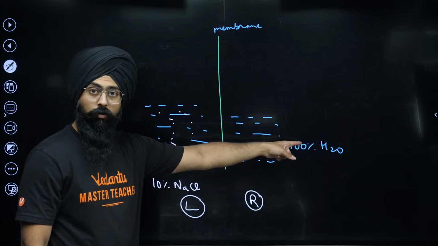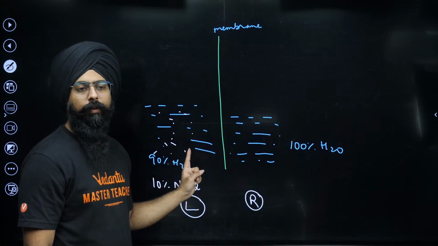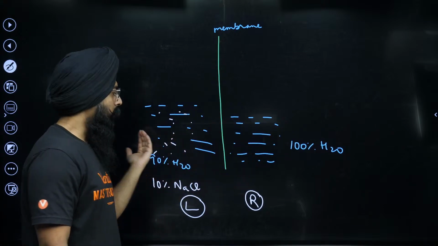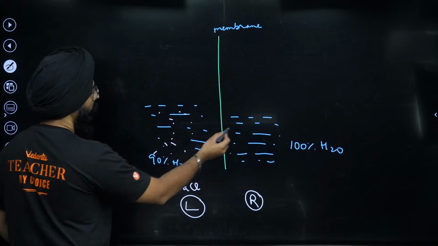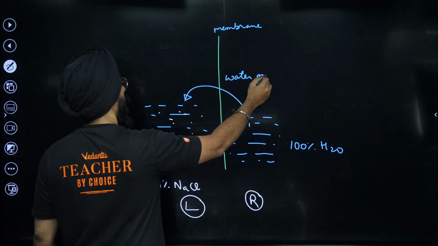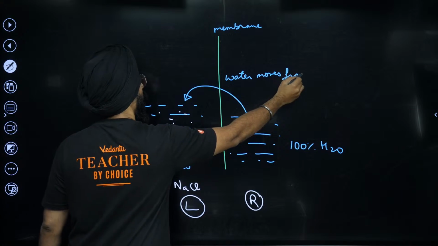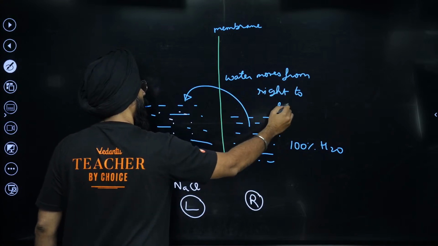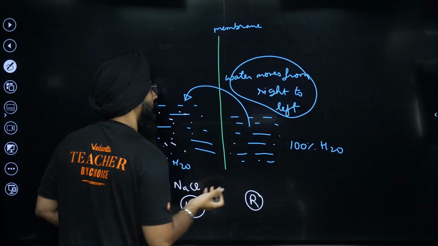Water is more over here, water is less over here. So water will move from where it is more to where it is less. Water moves from right to left. Simple. This is osmosis.